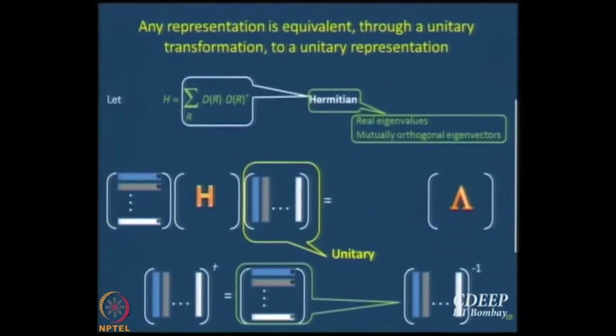And if we now shed the tomfoolery of colored columns and colored rows and all that, we can write down the equation like this: lambda equal to U inverse H U. Earlier I think we had written lambda equal to X inverse H X, right.